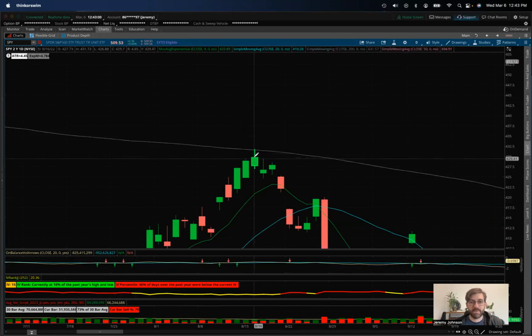So this is a pivot high, right? The wick right here on this middle candle at $431 was our pivot high. Now, to be defined as a pivot high, we have to have a preceding candle leading up to it with price direction going up.